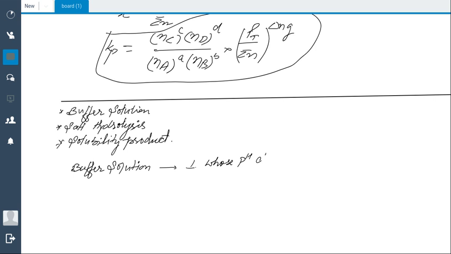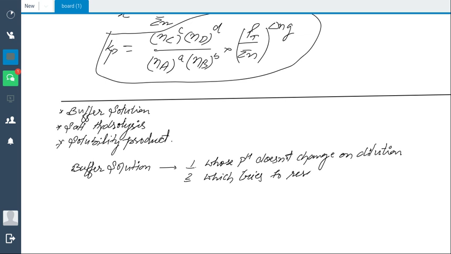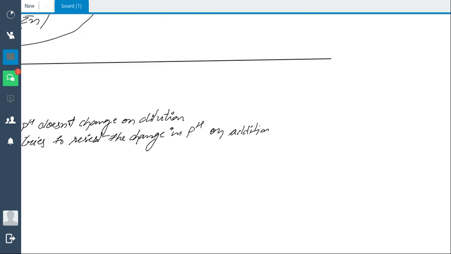A solution whose pH does not change on dilution, and the second, which tries to resist the change in pH on addition of small quantity of acids or bases.